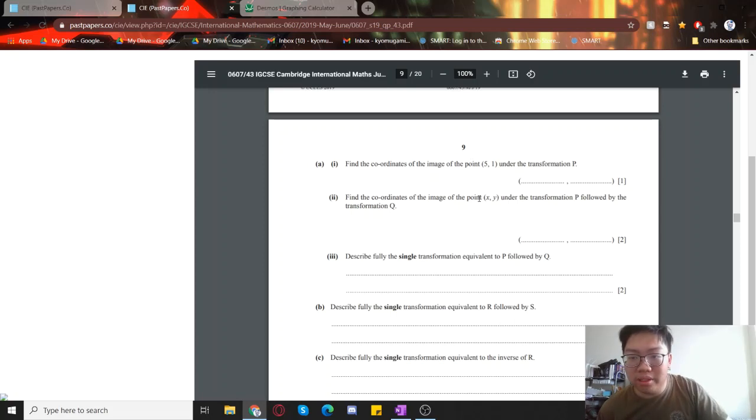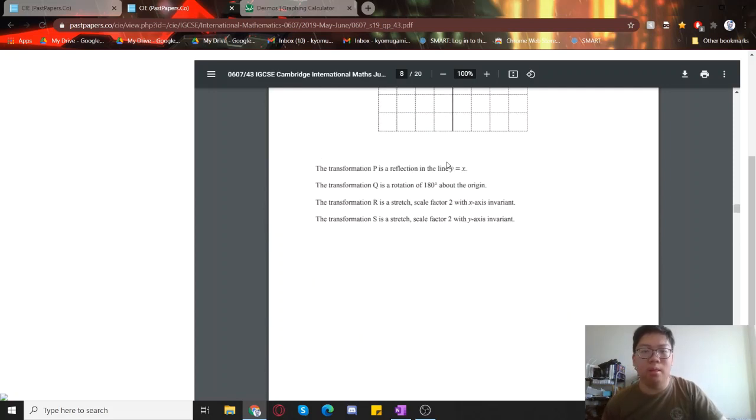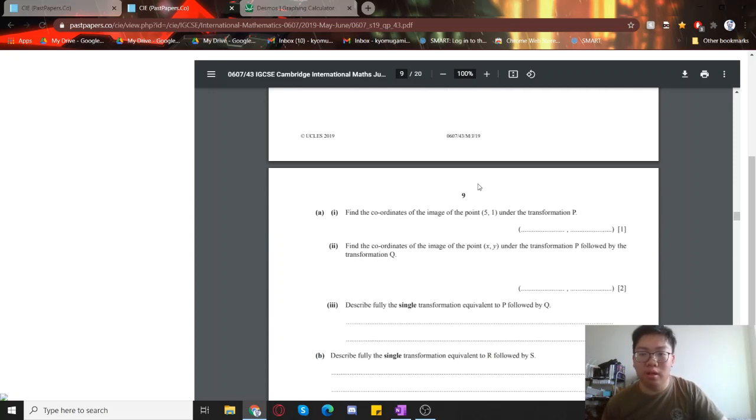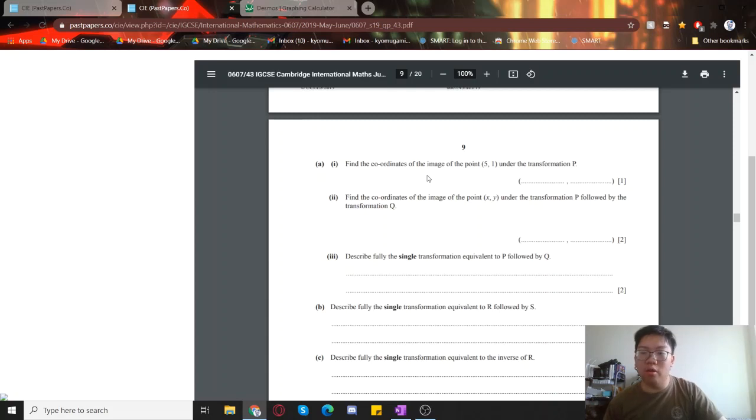And then the transformation P followed by the transformation Q. So they gave us the one they want us to follow. First of all, it's going to turn into y, x. In the order x, y, it would be value y, value x.